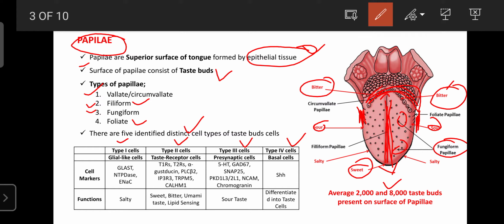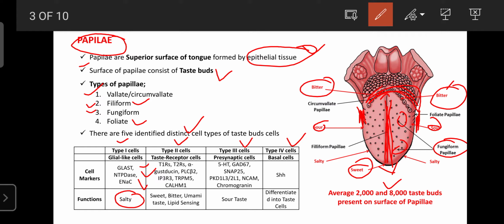Type 1 cells are glial cells. They mainly consist of cell markers like GLAST, NTPDase, and ENaC. These cells are involved in the detection of the salty taste present in the food.